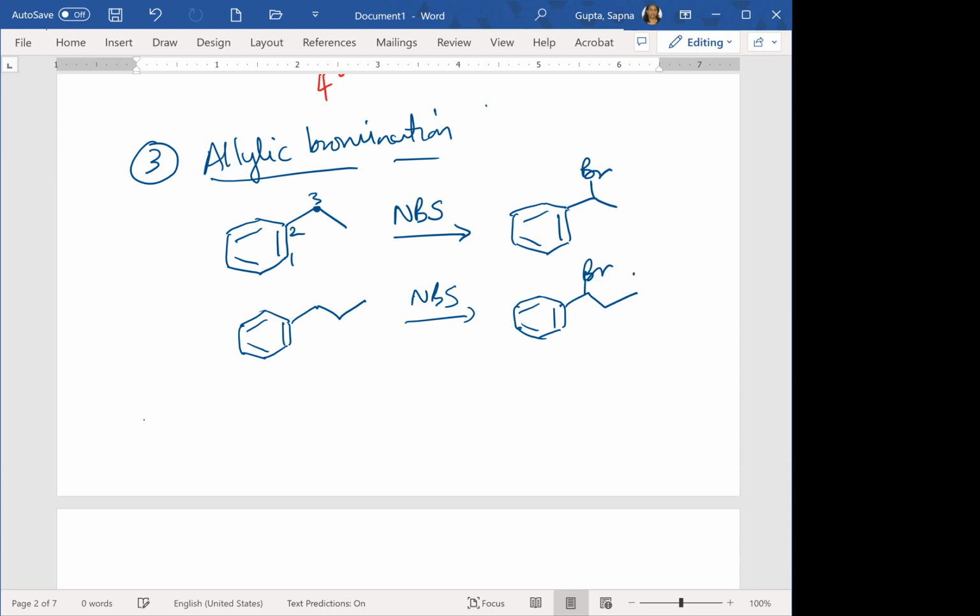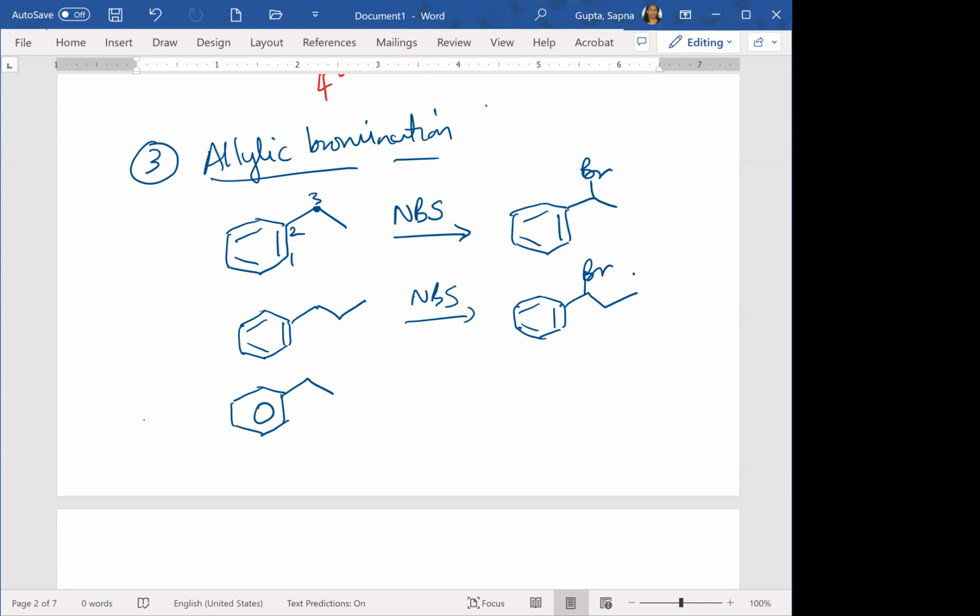That's it, because that's the allylic position. And remember, bromine is very selective. When we were talking about free radical reactions, I mentioned to you that bromination is very selective, it's a slow reaction. And because of that reason, it decides where to go in a very calculated manner, if I can say that without sounding negative.